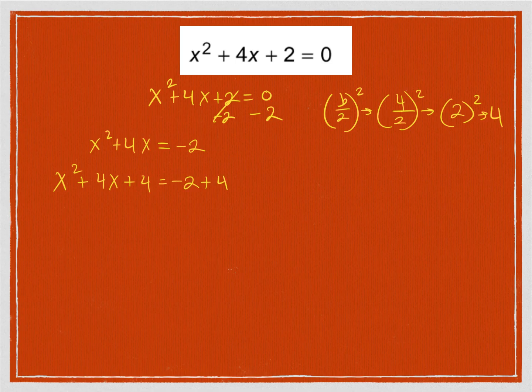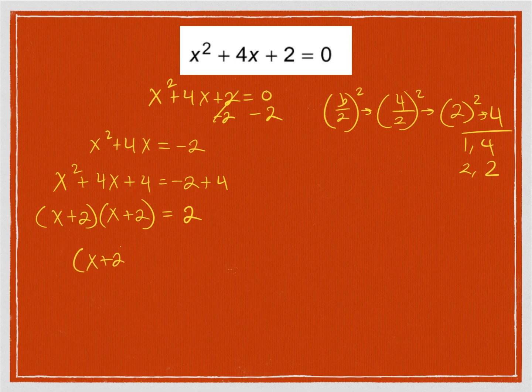Now I have to factor the left side, and factors of 4 are 1 and 4, 2 and 2, that add up to 4. The only two options is 2 and 2. So we're going to be left with x plus 2, x plus 2. That's going to equal 2. When I combine the parentheses, I get x plus 2 squared is equal to 2.